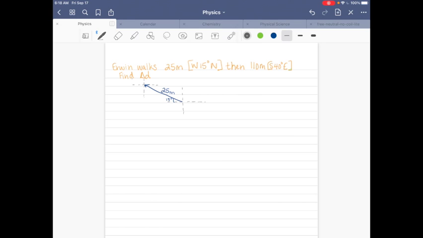Erwin then goes 110 meters south. So from the south border, so here's the south border, 40 degrees east. So to draw this one from the south border, 40 degrees east, and we went 110.